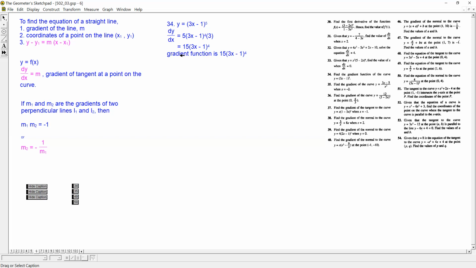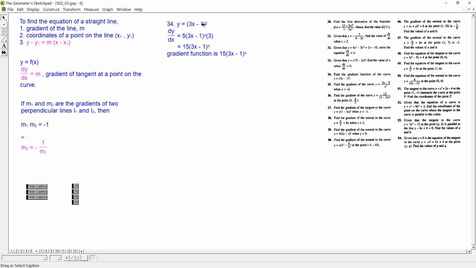If they ask you to find the gradient function, they ask you to find an expression involving x, and this expression will give you the value of the gradient if you substitute a particular value into that function. So I know this is about dy/dx.